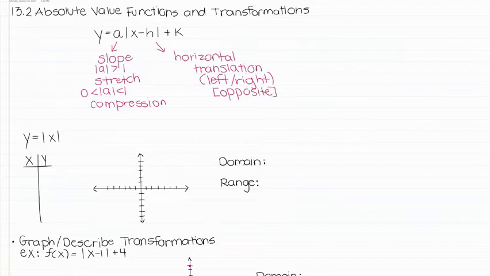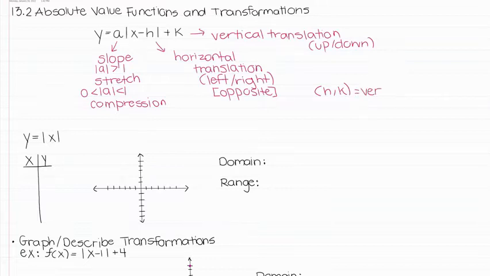And then lastly, this was actually the first transformation that we studied, is K. It's the vertical translation. The vertical translation moves it up or down, and that one is as is. In other words, it's not the opposite. So with that, HK, since that moves it left or right and up and down, is the vertex.